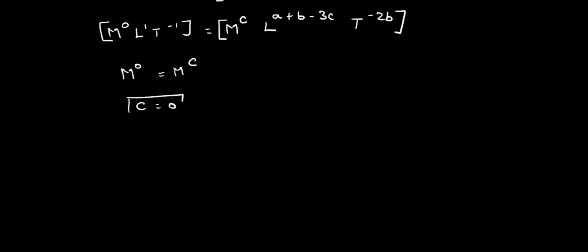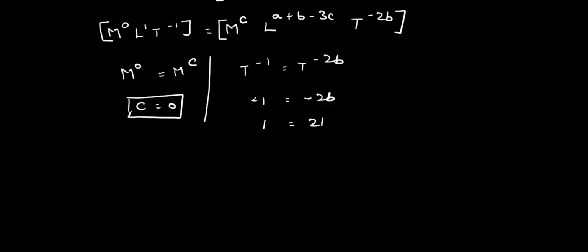So we have C is equal to 0. This is one solution. Then we will solve for T, which is T power minus 1 is equal to T power minus 2B. Since the bases are the same, we can equate the powers, which is minus 1 is equal to minus 2B. The minus sign can be cancelled, so 1 is equal to 2B. Therefore B is equal to 1 by 2.